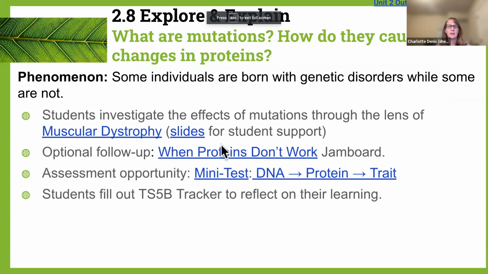So once those things have been addressed, I would say that those are probably the most complex ideas in this unit, right? Protein synthesis is a really tough one, but the NGSS performance expectation around protein synthesis is actually way, way, way less than what we used to teach.